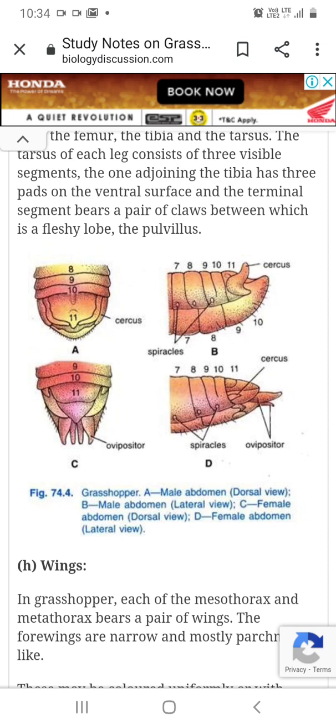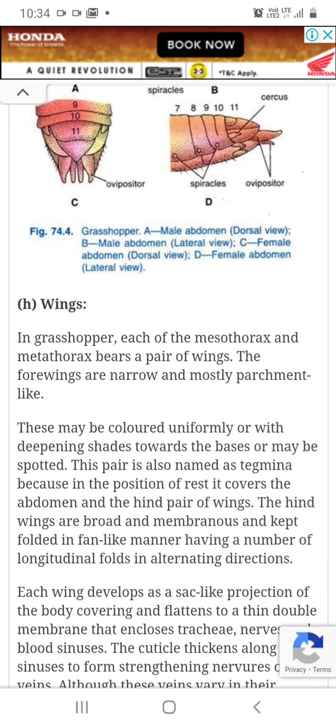Here, the abdomen of male seems to be rounded and pointed upwards, while the posterior tip of female abdomen is pointed and is not pointing upward.